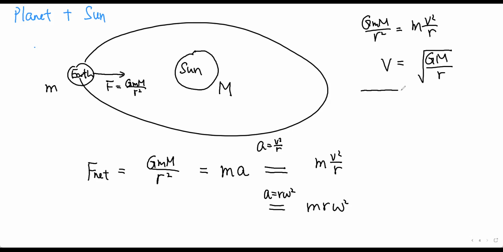So I also want you to derive another formula. Because you know omega, the angular speed, can be written as 2 pi over period. Is it?